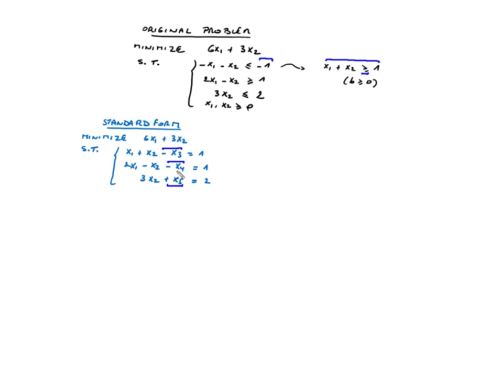And as you can see, the only variable that appears once in the equation and that has a positive coefficient is x5. So x5 will be able to act as a basic variable. But in the two other equations, we have no candidates, so we'll have to write an artificial problem, and in this artificial problem we'll have to add an artificial variable in the first equation and in the second equation.